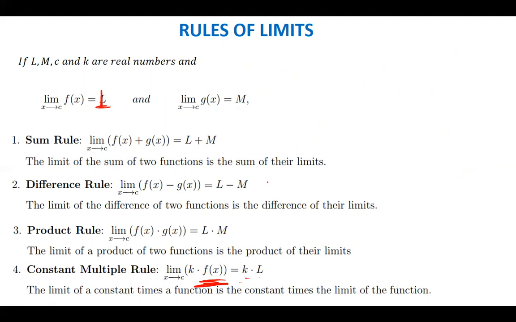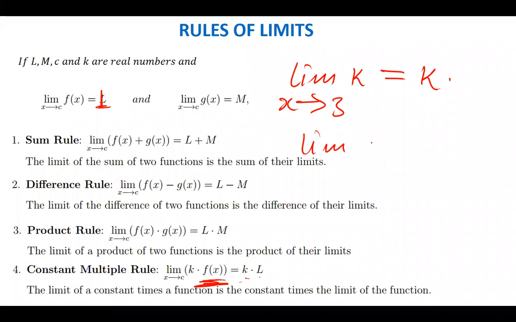This also tells us that the limit when x is approaching any number, let's say for instance 3, of any constant, any number, you can have 2, 5, 20, 500, as long as it's any constant, we represent it by the letter k, is simply that same number. So if we say the limit of 2 when x is approaching 3, the answer is simply that same 2. Yeah, so this is what it means.